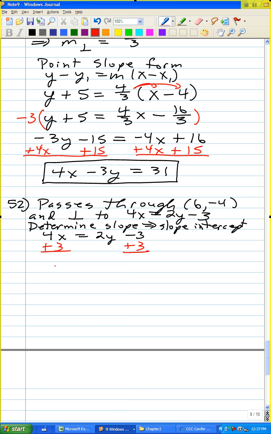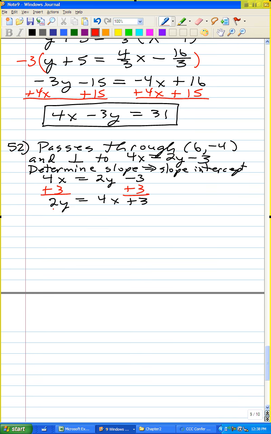And so I have here that 2y is equal to 4x plus 3. Let me divide every term here by 2. And so y is equal to 2x plus 3 halves.